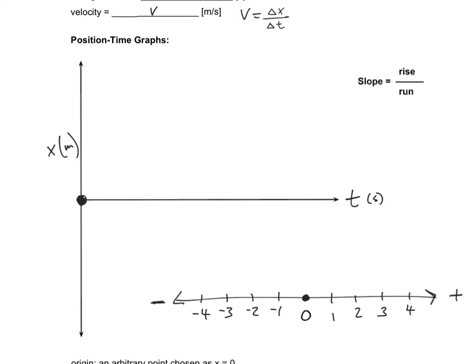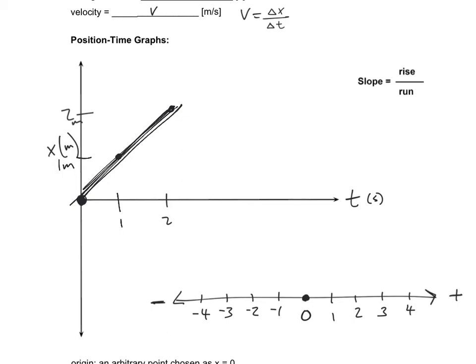And then after that, after 1 second, I ended up at 1 meter. After 2 seconds, I ended up at 2 meters. So I went this far. I've got a straight line there.